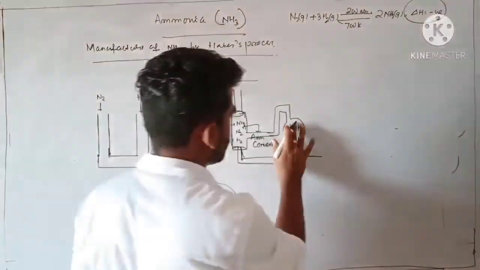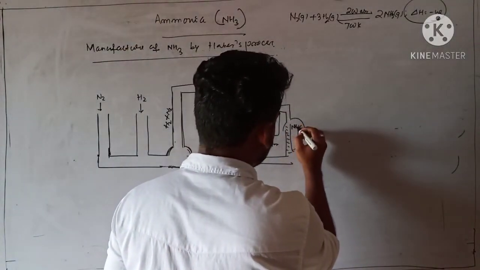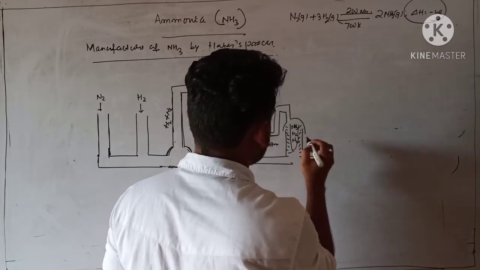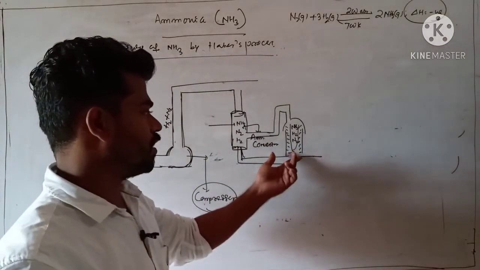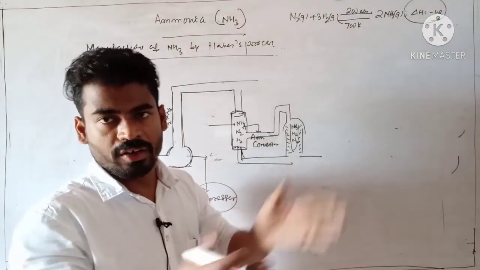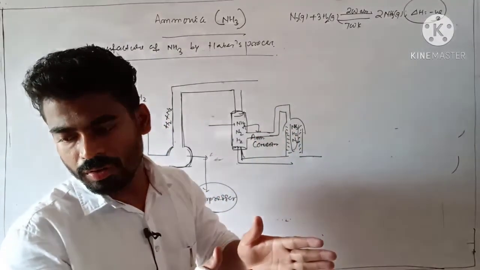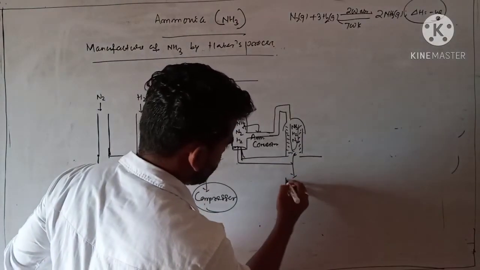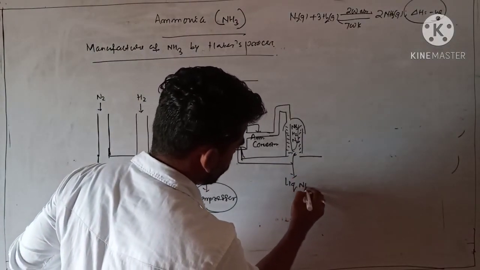Okay, so here what happens, this ammonia gas, hydrogen and nitrogen. Within this condenser, this ammonia gets condensed to give you liquid ammonia.